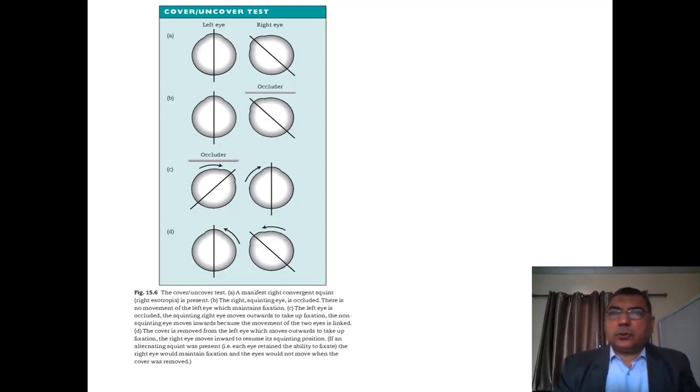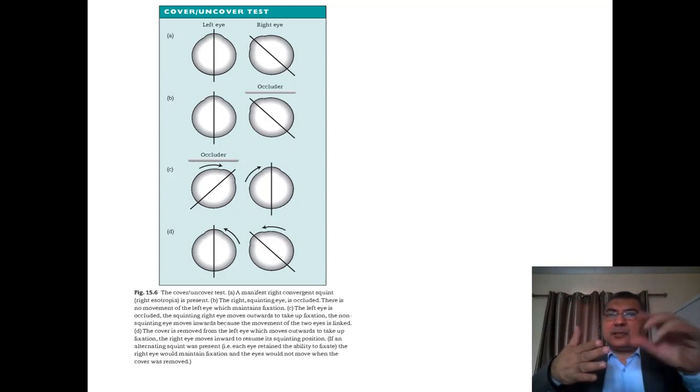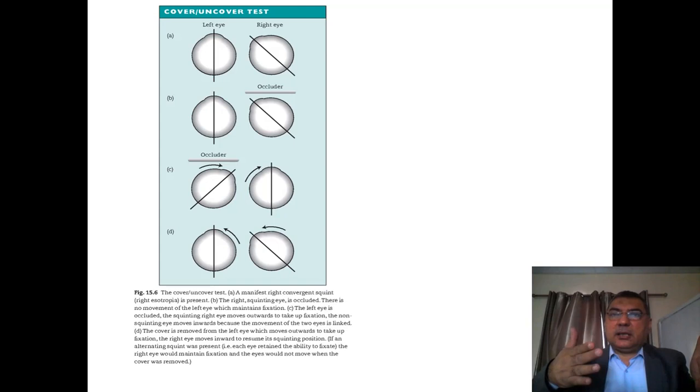We can use the cover test also to determine the angle of strabismus by using prisms. We have the deviating eye and we have the fixing eye. We can put prisms in front of the deviating eye and uncover the sound eye until the deviating eye stops the fixation movement that it takes during the covering of the left eye.